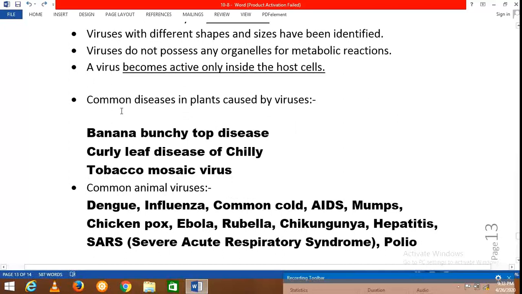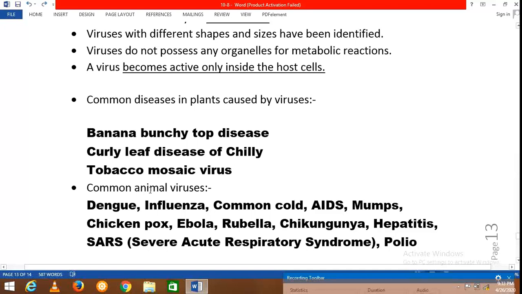You are given some examples of common diseases in plants caused by viruses: banana bunchy top disease, curly leaf disease of chili, and tobacco mosaic virus, which causes disease in tobacco plants.